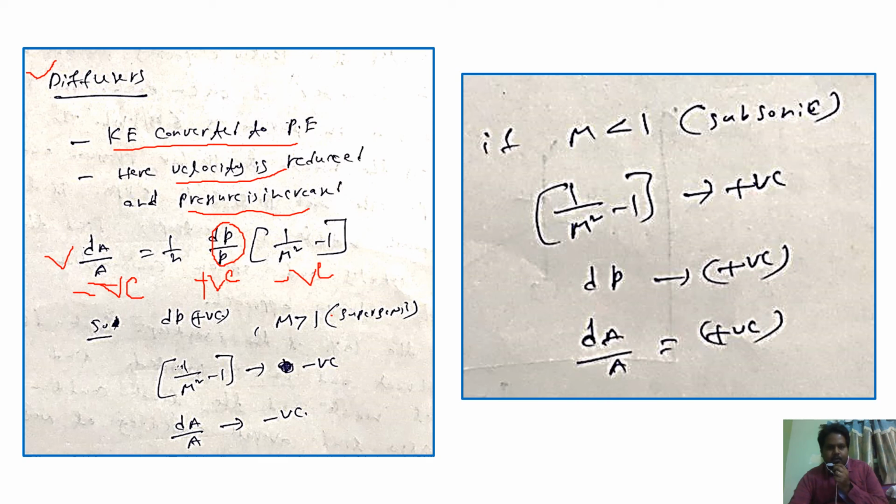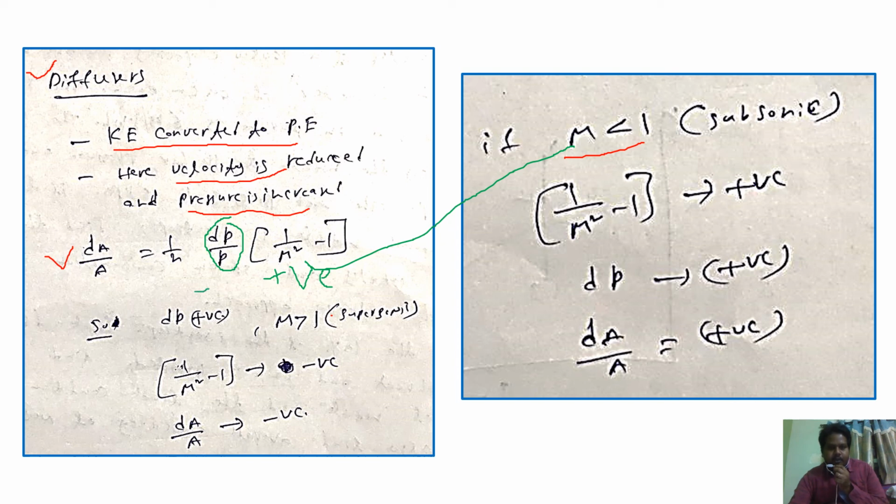Okay, now coming to the case where the Mach number is less than 1. If we substitute M less than 1 in this equation, this term would be positive, and as we know dP by P is positive because in the diffuser the pressure is increasing by reducing the velocity.